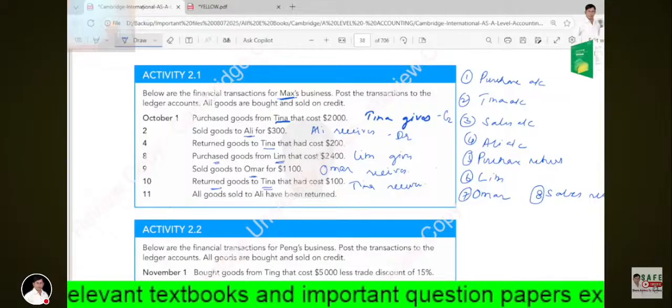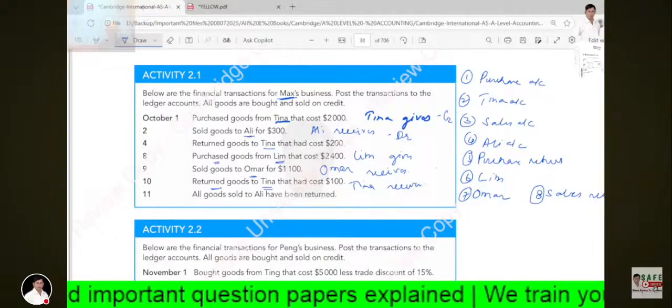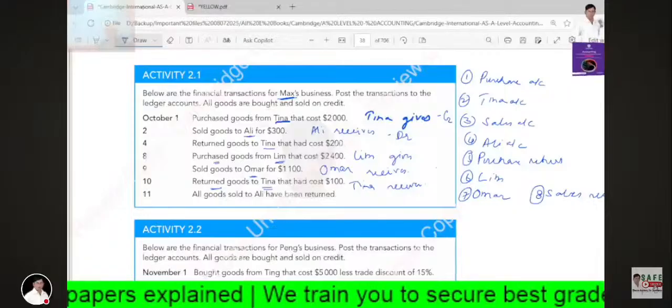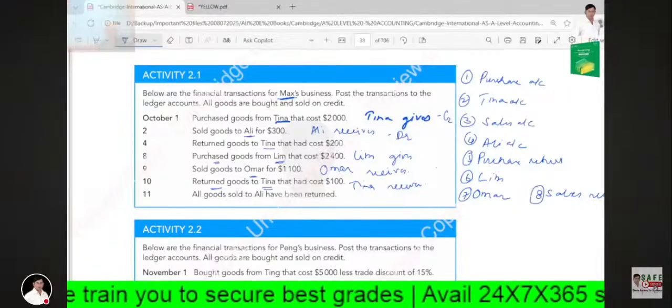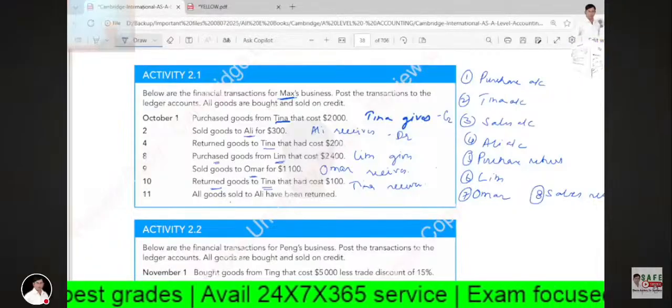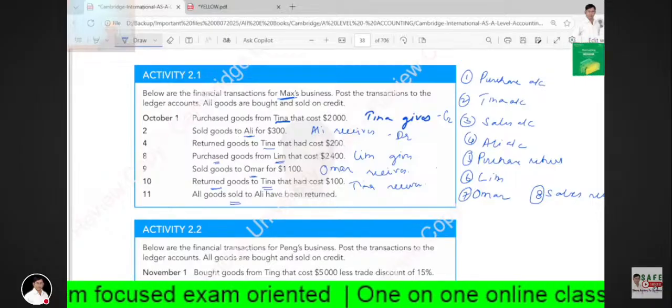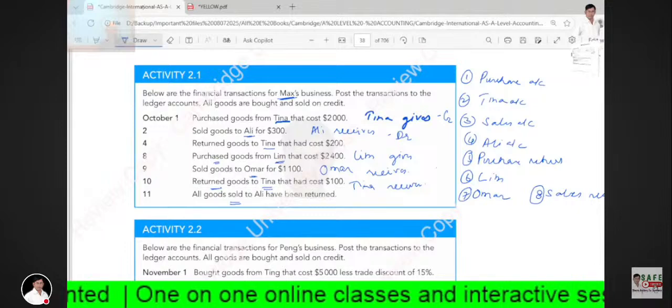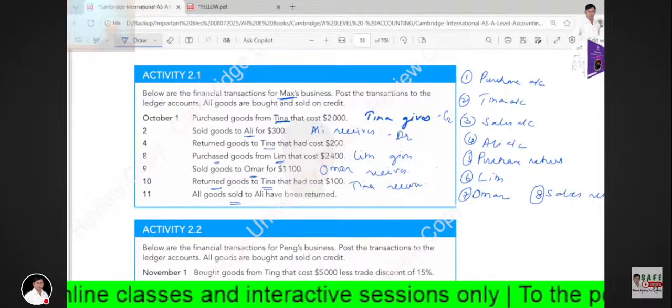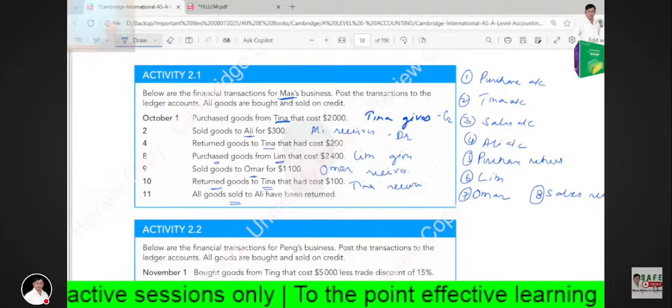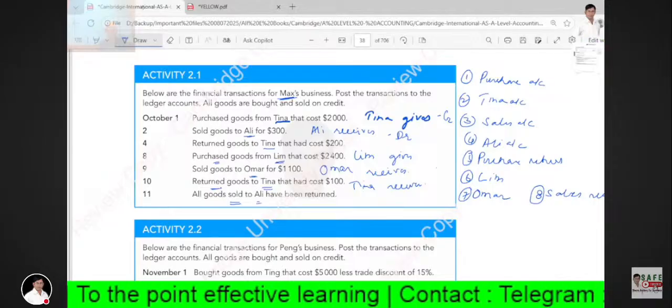So next, all goods sold to Ali have been returned. We have sold to him, so when we get back, it is known as sales returns. Obviously, all goods sold to Ali, Ali has returned. Ali is the giver here, so credit the giver.